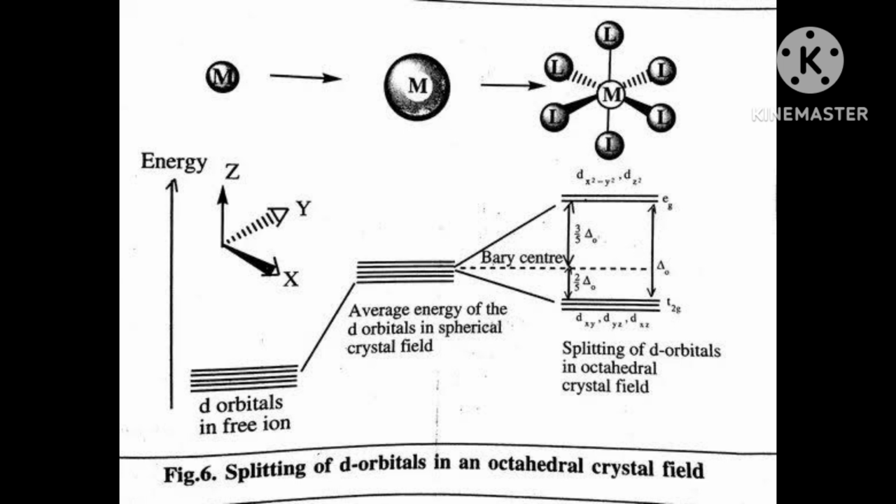So the fourth electron will either be paired, and if not, it will go to the higher energy level, the eg level. Two possibilities: the fourth electron could either enter the t2g level and pair with an existing electron, or it could avoid paying the price of pairing energy by occupying the eg level.